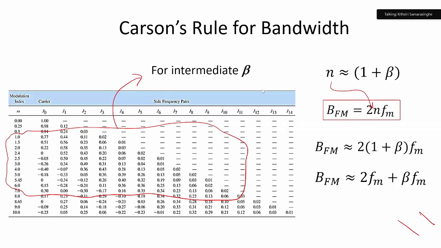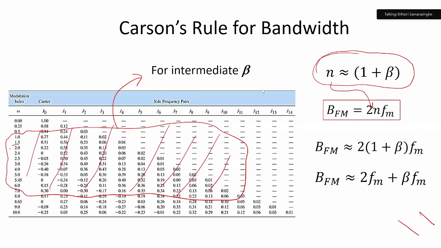Okay, going back. Why is it called Carson's rule? Because Carson observed that for this range of intermediate beta values, significant side frequencies will be 1 plus beta. For example, if beta is 2, here you will find 0.03 is insignificant. Therefore, J0 is the carrier, then this is the first pair, second pair, third pair.